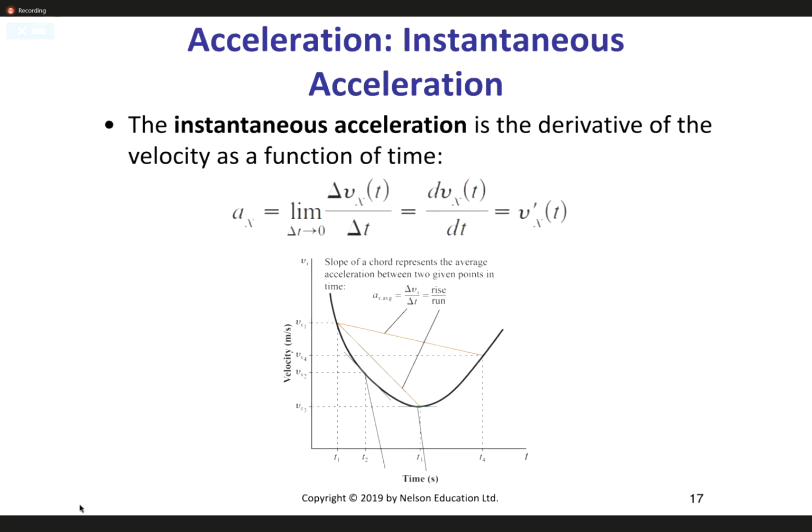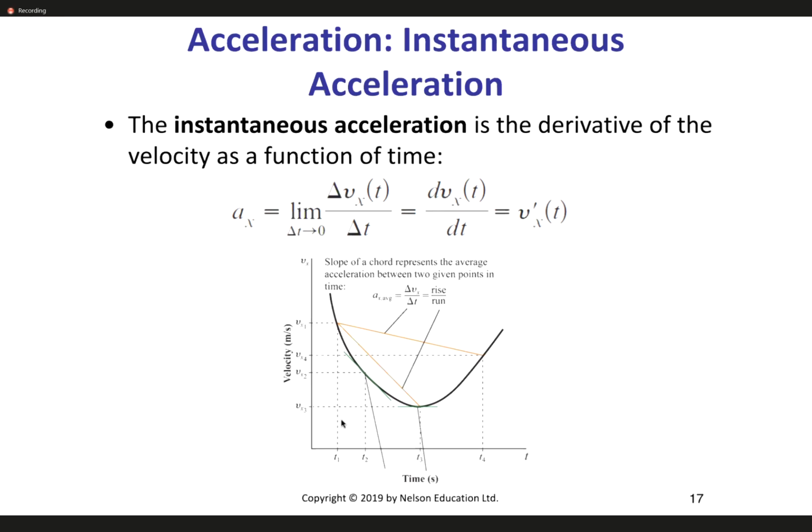Similarly, you can define something known as the instantaneous acceleration, where now we're looking at the derivative with respect to time for the velocity. So on this graph, we see that the average velocity is just going to be the slope between 2 points, whereas the instantaneous, sorry, let me back up.